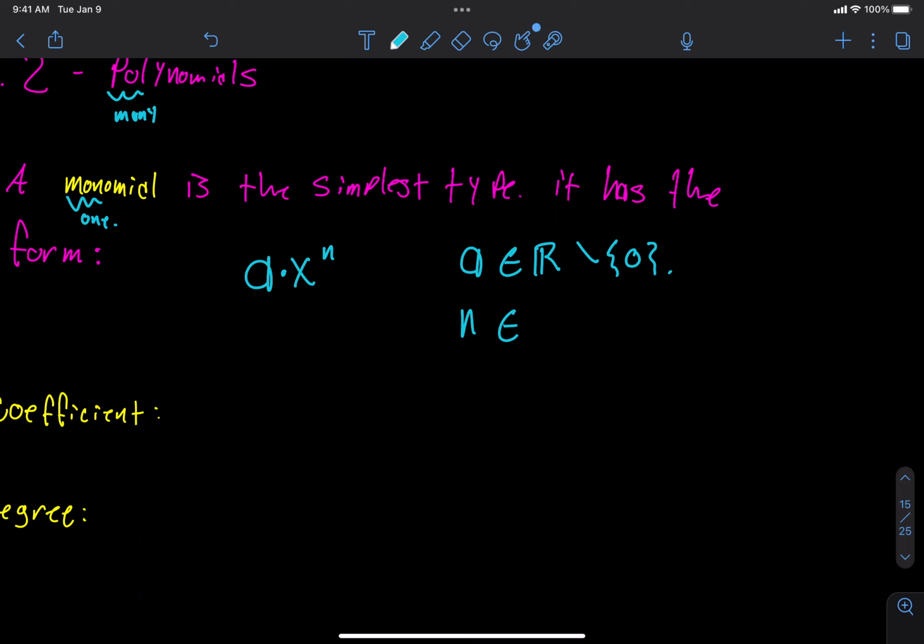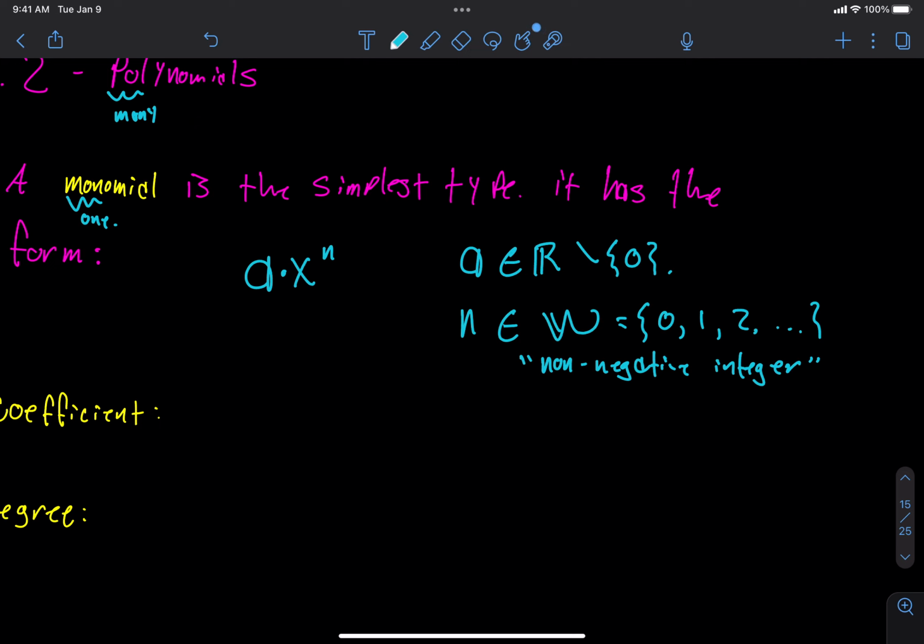There are a couple different ways people do this notation, but it should be something like 0, 1, 2, and so on. The terminology we usually use for this is a non-negative integer.